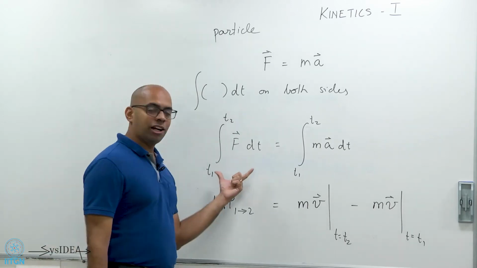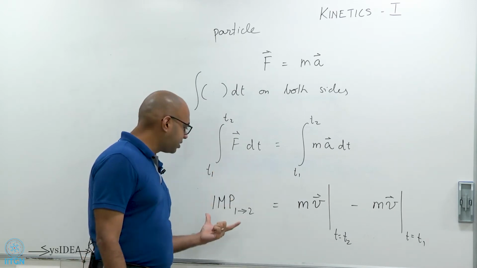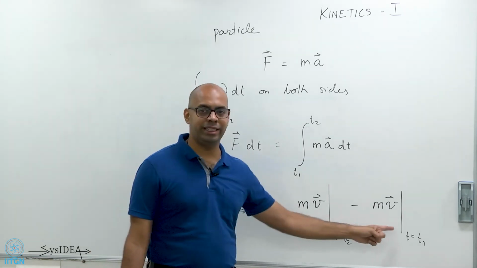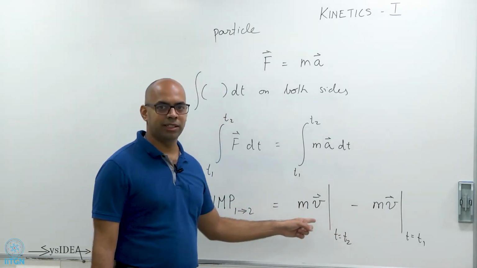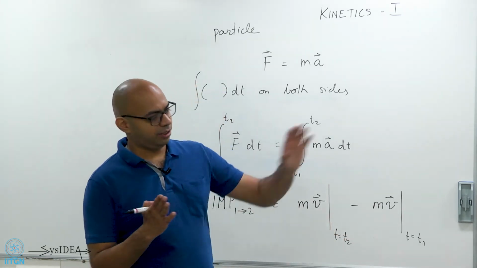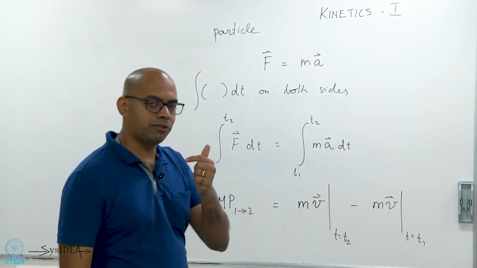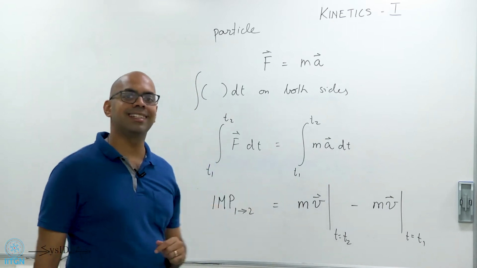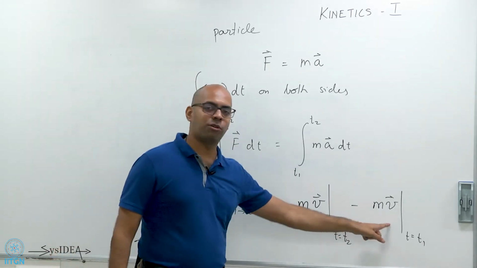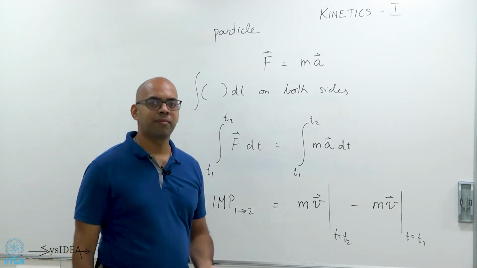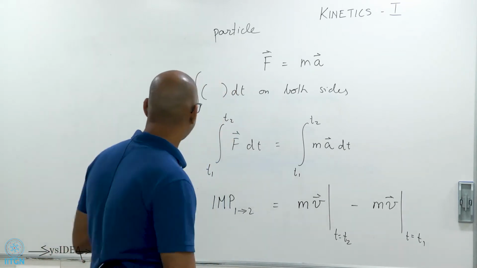So, it is very hard to compute this, but still the effect of that entire impulse can be seen in the change in momentum. So, when Dhoni hits a 6, the ball comes and hits the bat, and contact is maintained for a very small time duration, but you can see the change in momentum of the ball, and from that you can compute the impulse applied by the bat on the ball.